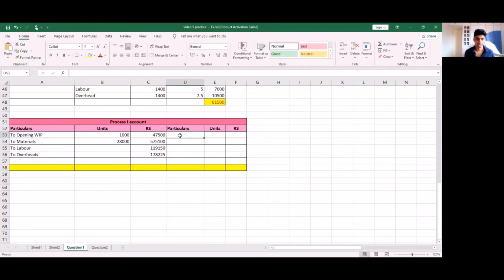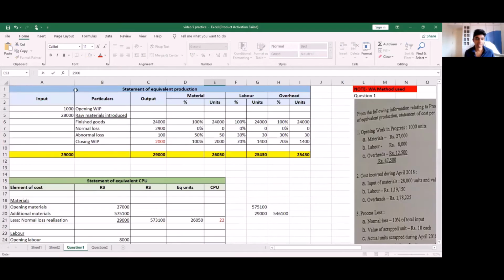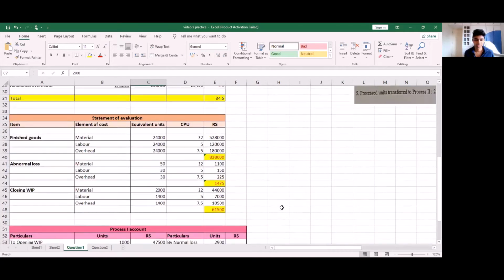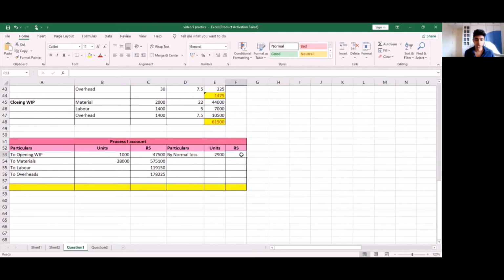Coming to our credit side, we first have our normal loss. Units we calculated as 2,900, which is nothing but 10% of input, which is 10% of 29,000. We're also given that value of scrapped units is rupees 10 each. So our normal loss realization will come up to 2,900 into 10, which is 29,000.